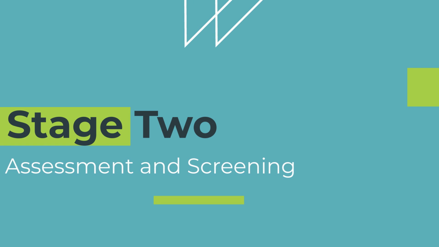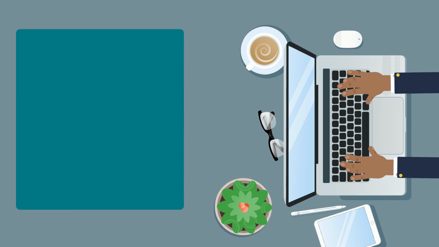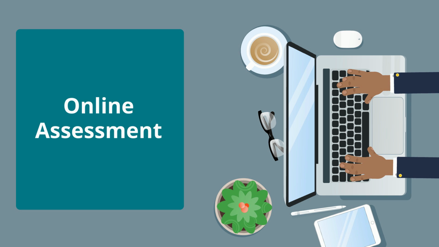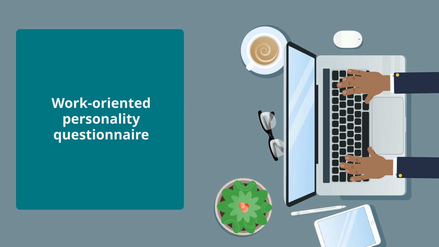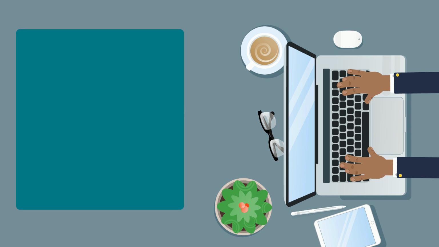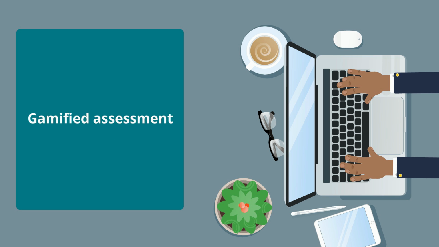Stage 2 is assessment and screening. Either as part of the online application process or once you have completed an online application, you may be required to complete an online assessment. This will likely take the form of a work-oriented personality questionnaire, a verbal or numerical reasoning test, or it may be a gamified assessment.